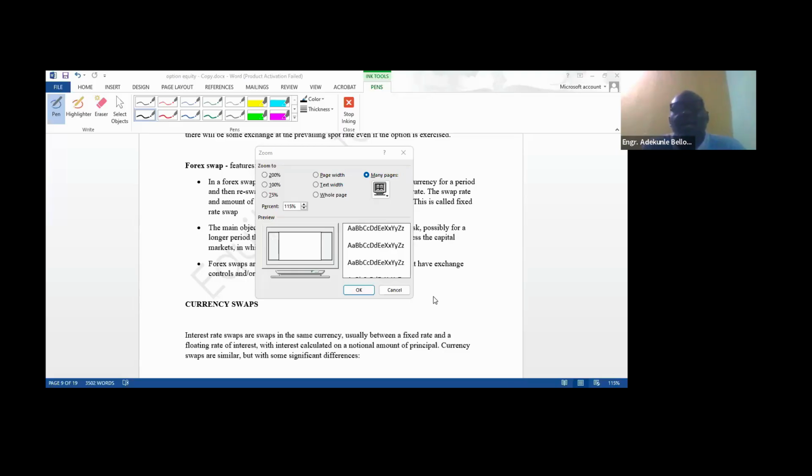Currency swap, an agreement between two parties to swap equivalent amount of currency at an agreed swap rate over the credit period. For example, I want to invest in a project in South Africa.